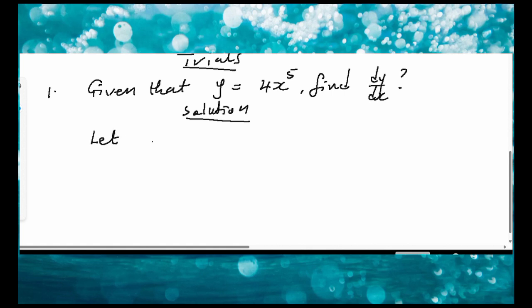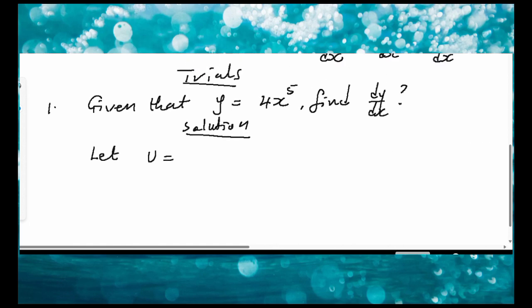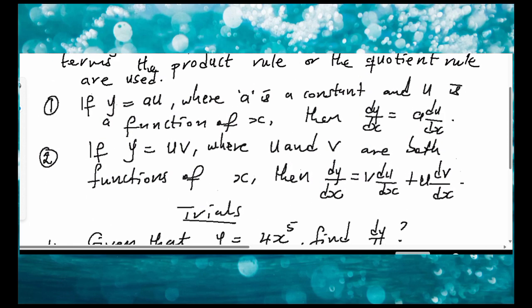So we're going to say let us compare y is equal to 4x raised to the power 5 to y is equal to AU. You know, A is a constant and U is the function which is of x, right?